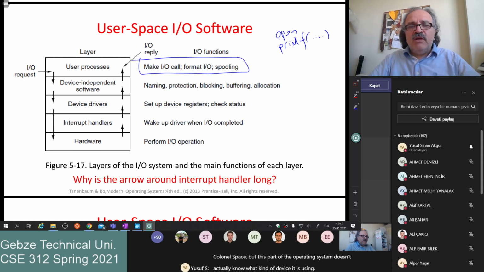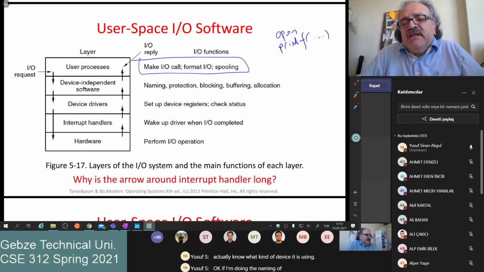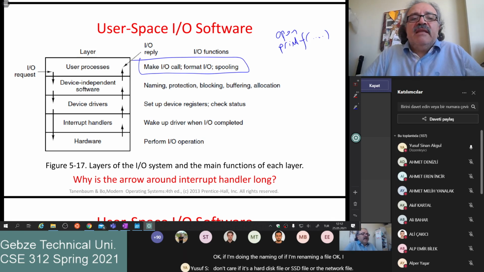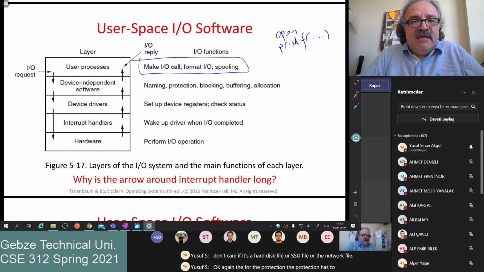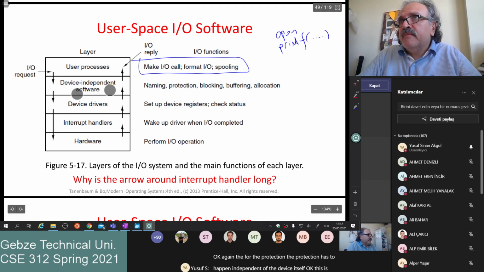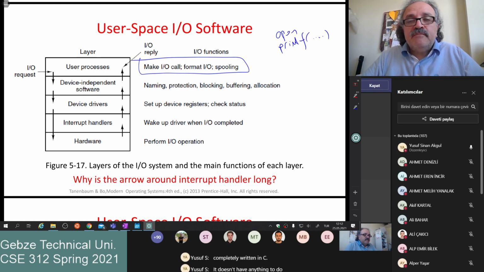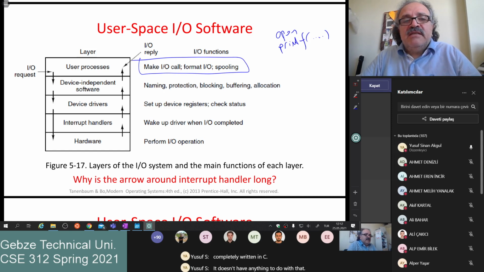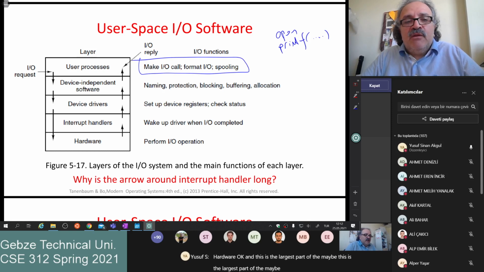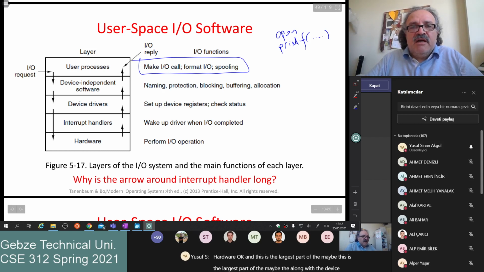If I'm renaming a file, I don't care if it's a hard disk file or SSD file or a network file. Again, the protection has to happen independent of the device itself. This is completely written in C. It doesn't have anything to do with the hardware. And this is maybe the largest part of the I/O software, along with the device drivers.